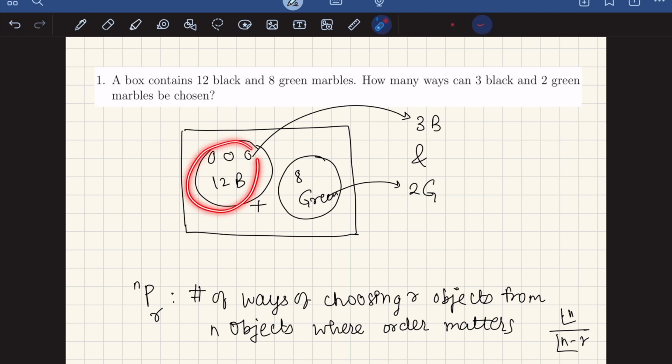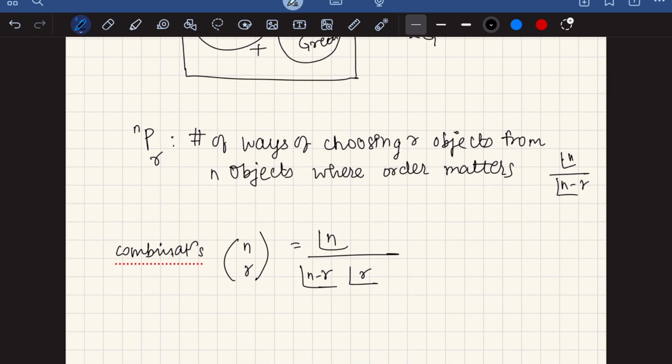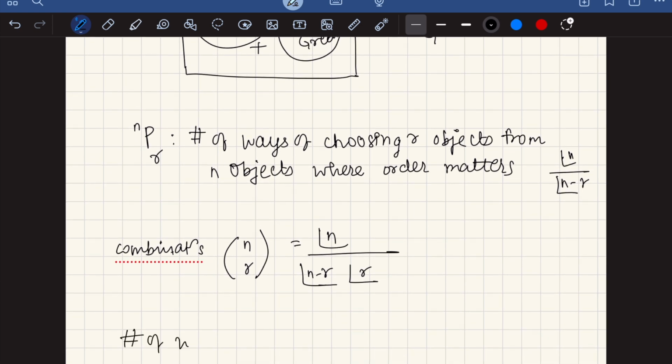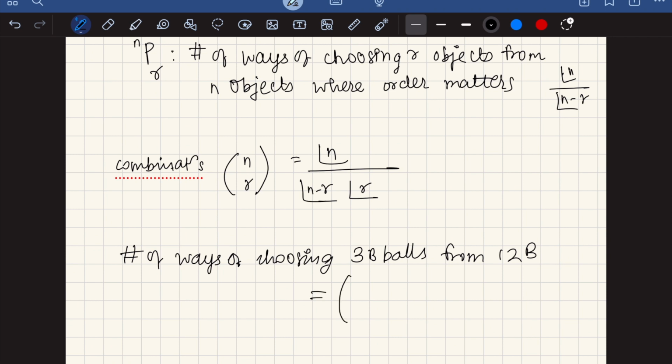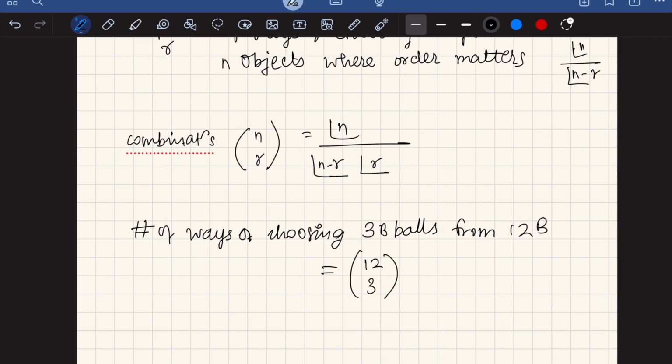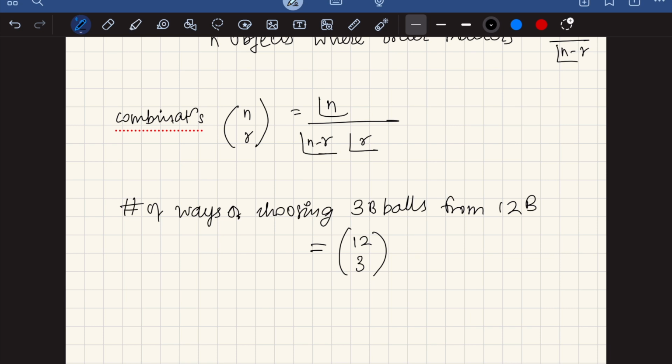So the number of ways of choosing black balls is, you have totally 12 balls, and you want to choose 3 of them. So that is 12 choose 3.